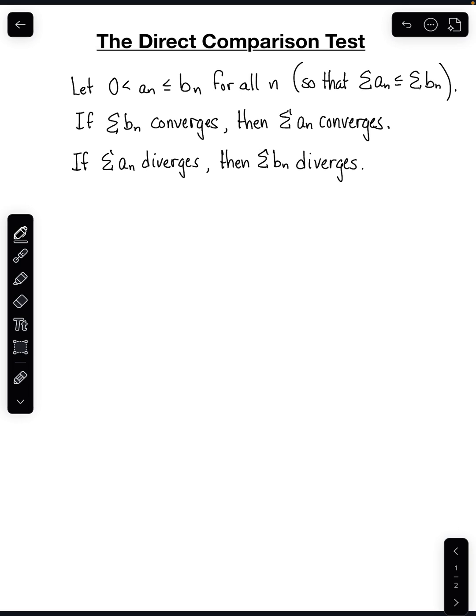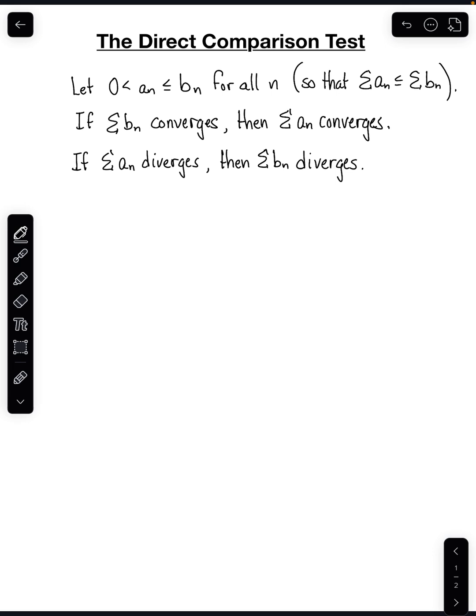Now, please note that this is still limited. It is based on the idea that we can compare two series. And if we can show that the bigger series is convergent, then we can draw a conclusion about the smaller series. If the bigger series is divergent, we cannot draw a conclusion. Likewise, if we can show the smaller series to be divergent, then we can conclude the big series is also divergent.